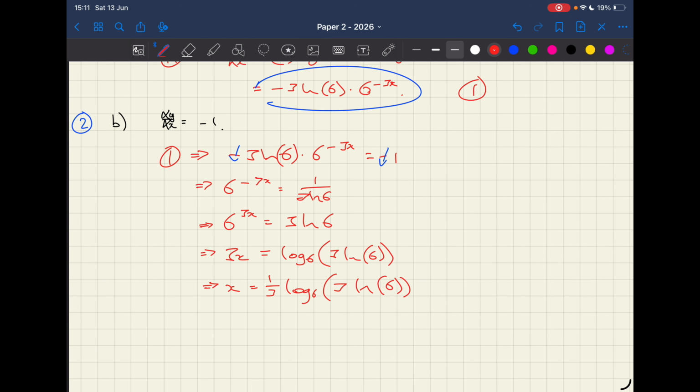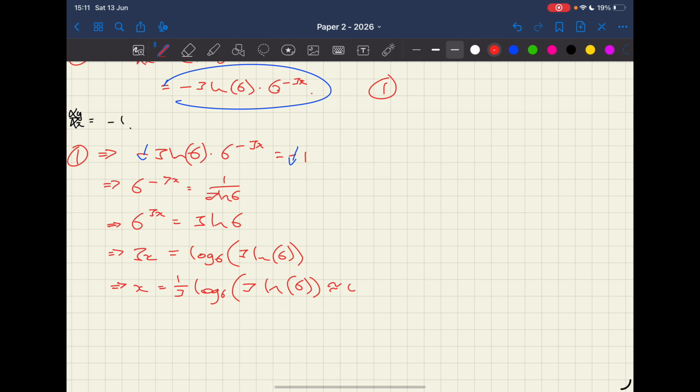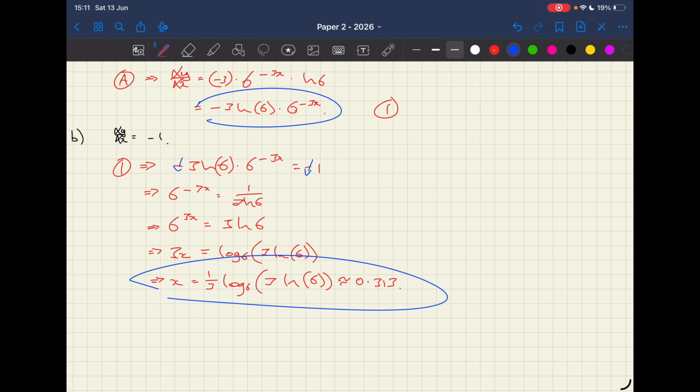I think that looks good. Let's get decimals just in case that's what you guys wrote down. So 1/3 log base 6 of 3 log 6, what do we get? This is roughly 0.313. Looks good to me. Let's keep going.